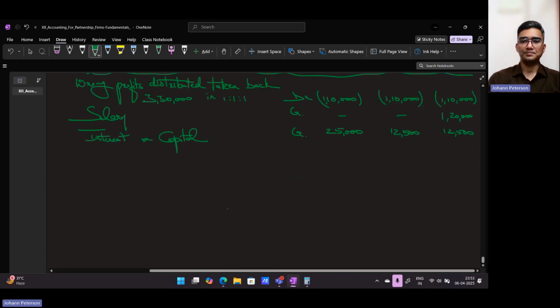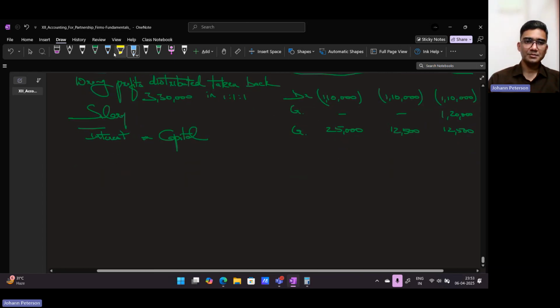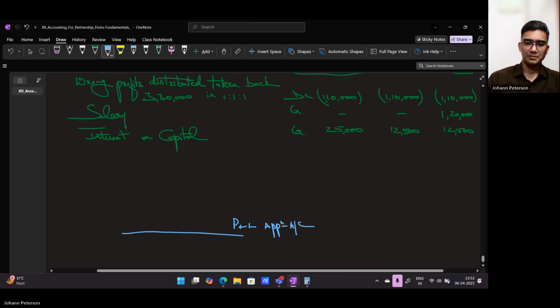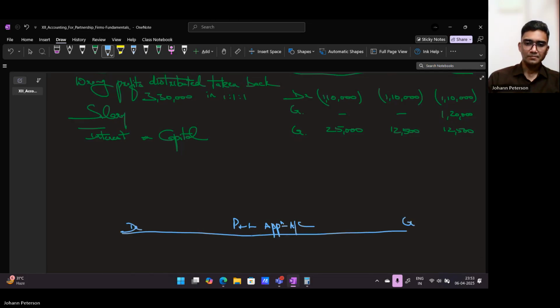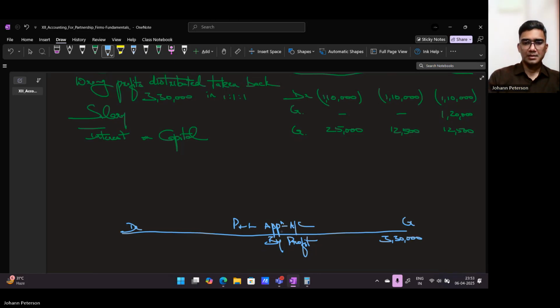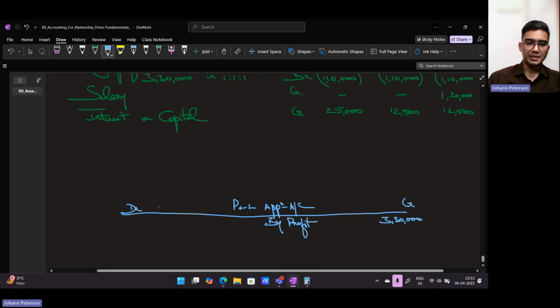So, what's the actual profit? For this, we will make a P&L appropriation. Three lakh 30. Salary, I will give 1 lakh 20.